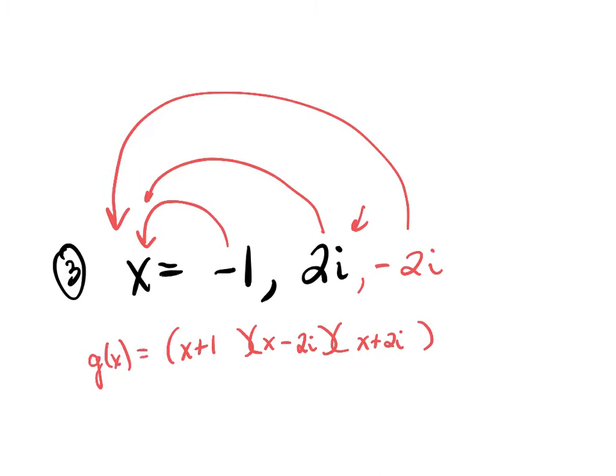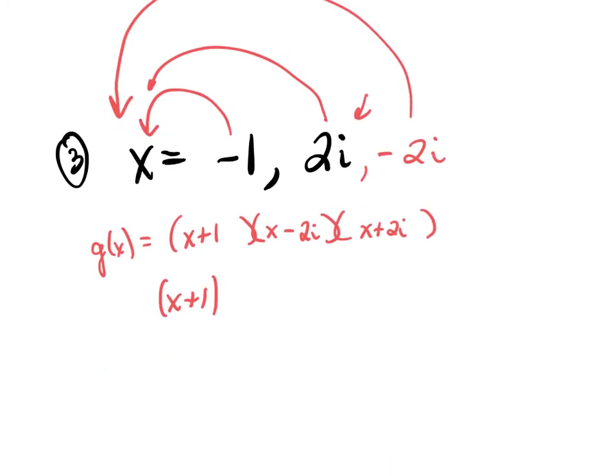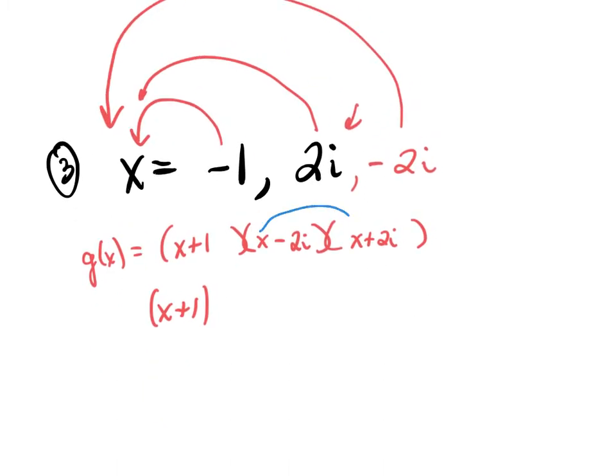If I'm going too fast or something, tell me, please. Now, it's your choice how you guys want to do this. If it were up to me, I would leave x plus 1 outside here, and I would FOIL the 2 imaginaries. x times x is x squared. x times 2i is plus 2xi. Negative 2i times x is negative 2xi.